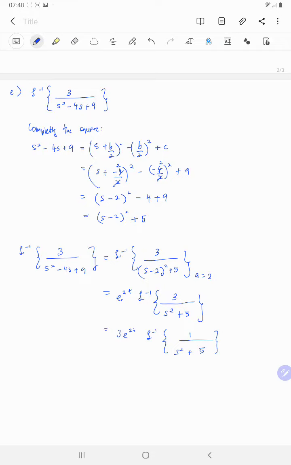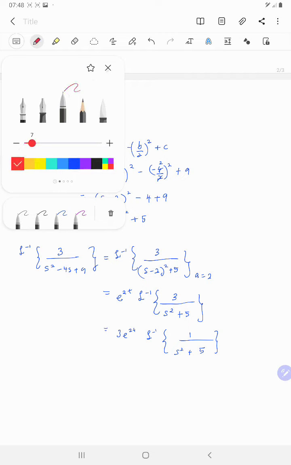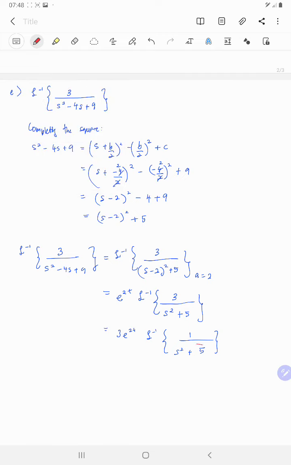But sine what? 5 is actually square root of 5 to the power 2. So at the bottom, in order to get sine of square root 5 t, the upper must contain square root 5 also, but don't forget to divide back.